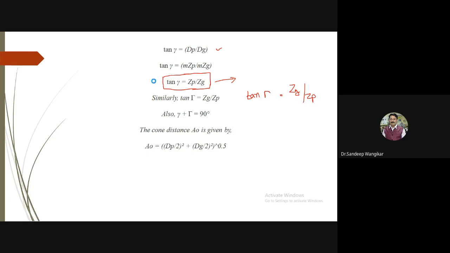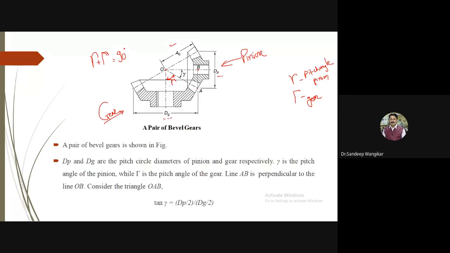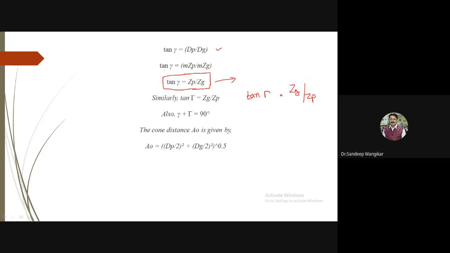Now let us calculate the cone distance A naught. If I join this, it is dg by 2 and dp by 2. So A naught square is equal to (dg by 2) square plus (dp by 2) square. So A naught is equal to the square root of (dg by 2) square plus (dp by 2) square.